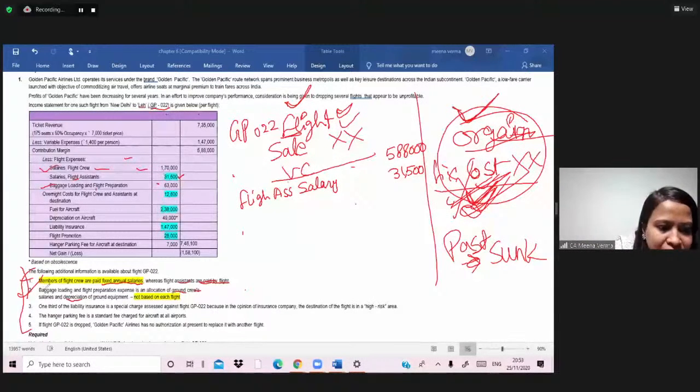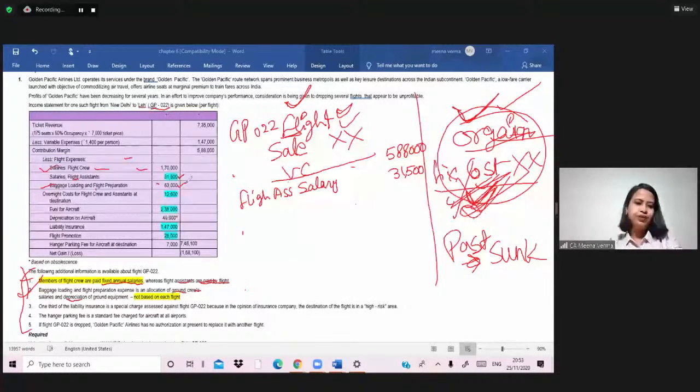The place where you load the baggage or prepare the flight for takeoff, all those are ground expenses, means expenses of the entire organization. So we will not consider this also. This is organization expense, we will not consider it.